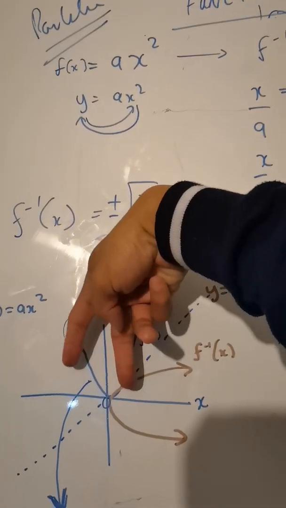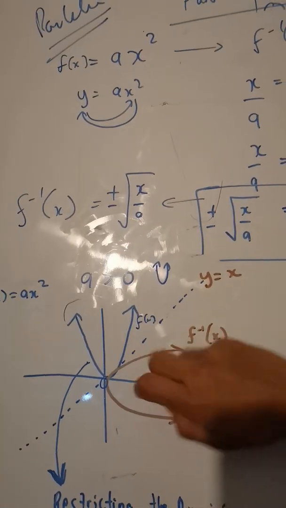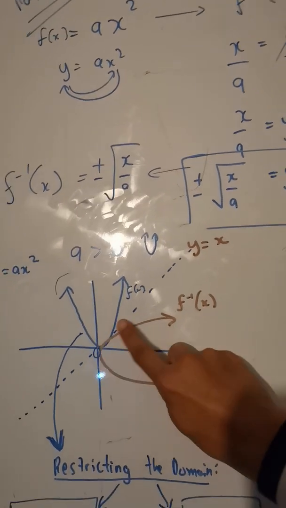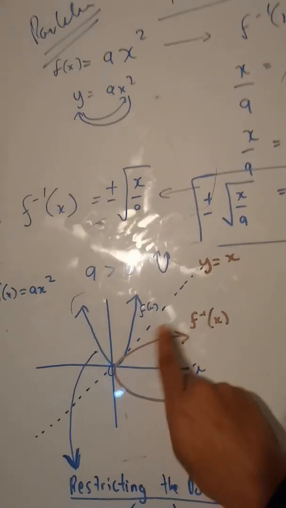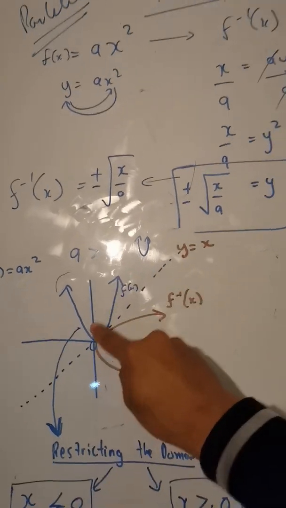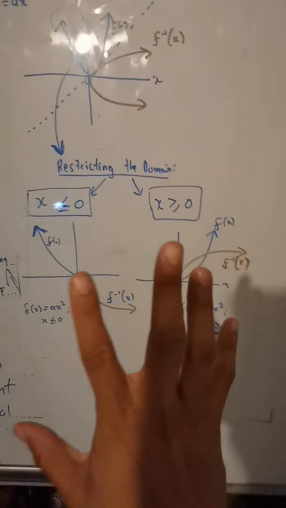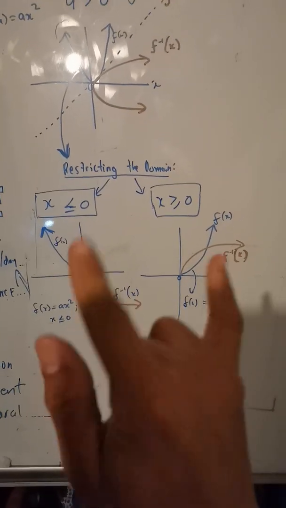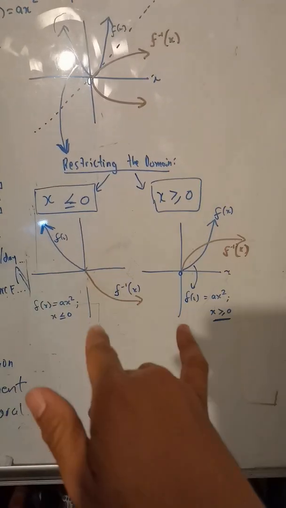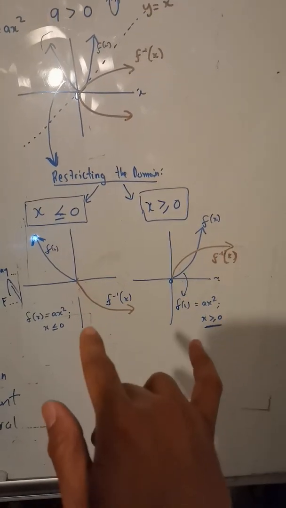So look at my middle finger, I reflected, there's my middle finger. That arm of the inverse is my inverse of that arm of the original parabola. Make a very important note of this, please. We're going to come back to this in our examination past papers.